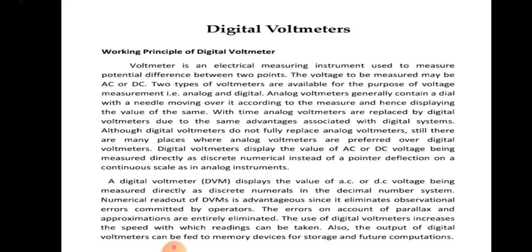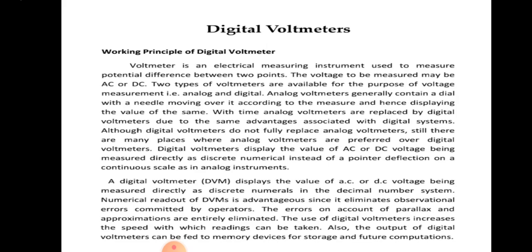I have included the complete theory which explains the working principle of digital voltmeter in this slide. Because this is a theoretical concept, you should read this point again and again. The general concept behind this is only one thing, that there are two types of voltmeters, analog and digital.